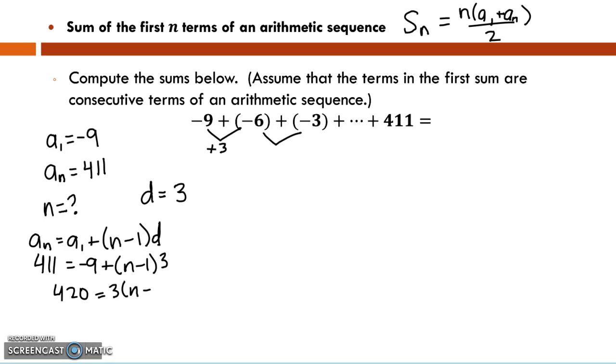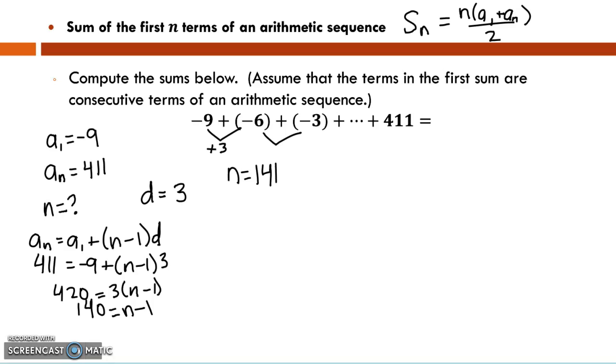Now I'm going to divide by 3. 420 divided by 3 is 140. And then I have n minus 1 left. And then I add 1, and I get n equals 141.